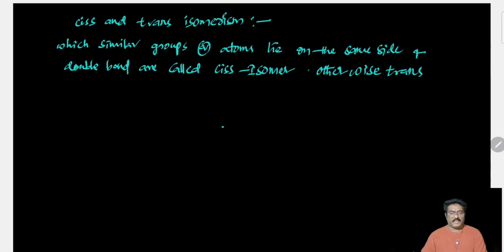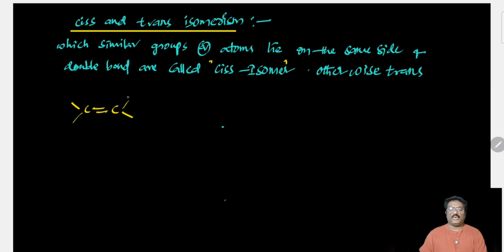Have a look at cis and trans isomerism. What are cis isomers? Similar groups or atoms on the same side of the double bond are called cis isomers. For example, carbon double bond carbon with similar groups: CH3, H, CH3, H. Same groups arranged on the same side, that is a cis.